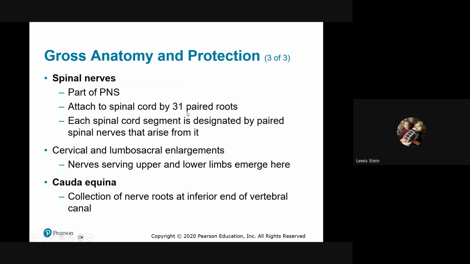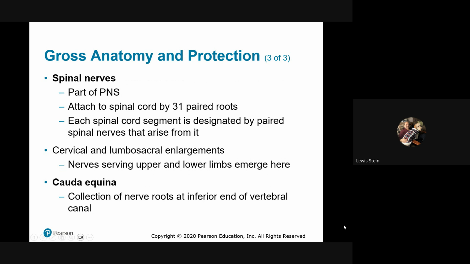You're going to see it goes 8. Cervical is an oddball. I don't know if we get to it in this chapter or not. 8 in the cervical, there's theoretically an extra one. 12 for thoracic, 5 for lumbar, 5 for sacrum. If you look at the sacrum we looked at in lab, there are 5 openings for nerves to get through, and even 1 in the coccyx. So 8, 12, 5, 5, 1. It would be beneficial to remember that.